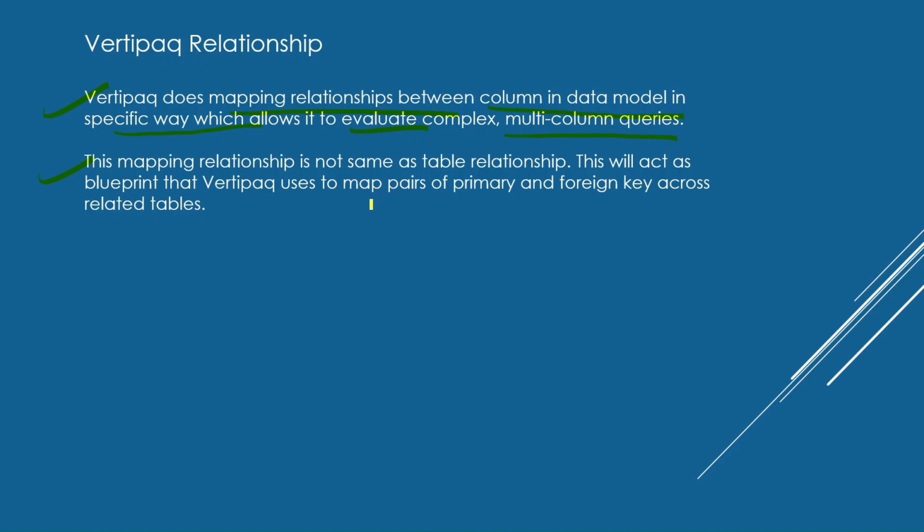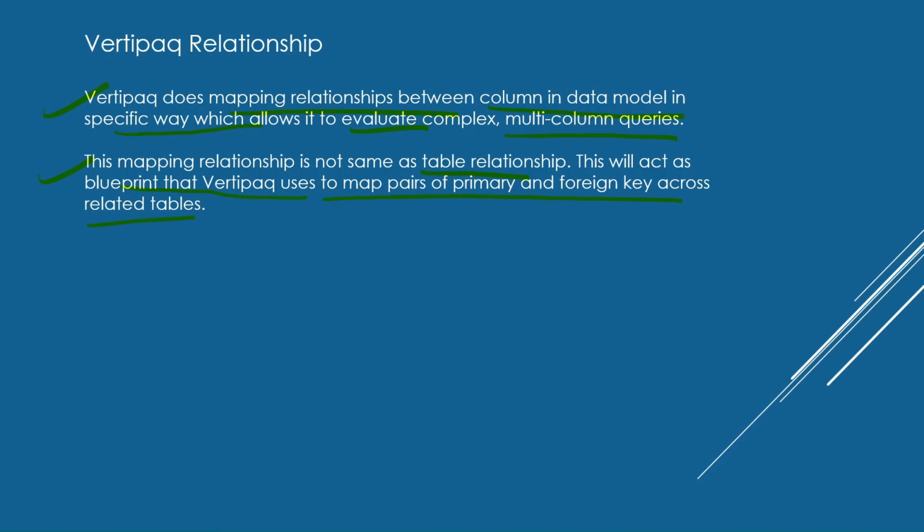This mapping relationship is not the same as the table relationship. Table relationship is a different relationship. VertiPaq mapping relationship is a different relationship. This will act as a blueprint that the VertiPaq uses to map the pairs of primary and foreign key across the related tables.